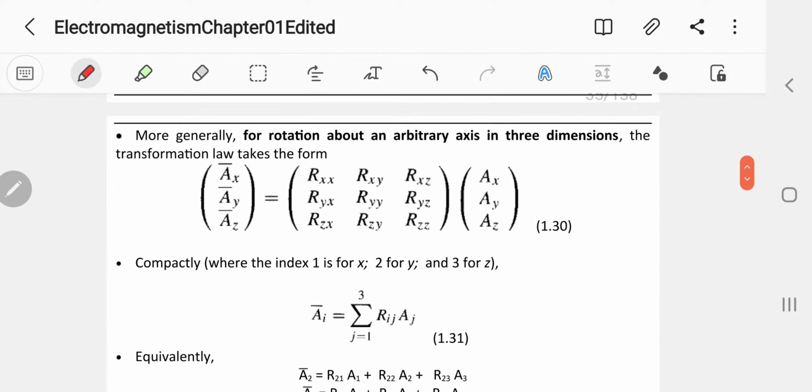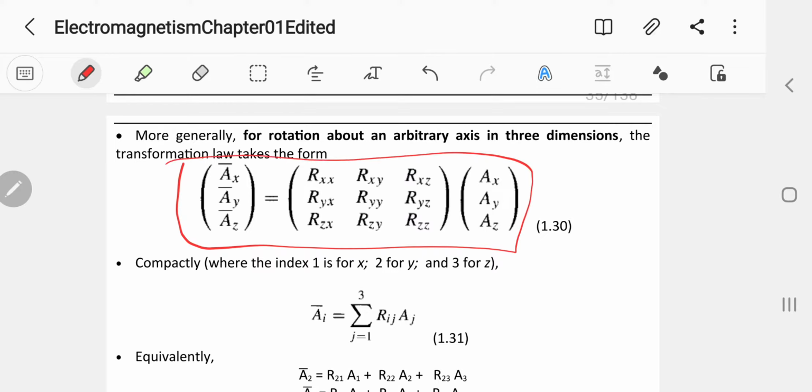So in general, if you rotate about an arbitrary axis in 3 dimensions, the transformation takes the form of this matrix here. In that case, since x bar and x are equal, your a bar x and ax would just be the same. So your r_xx here is equal to 1, r_xy is equal to 0, and this is equal to 0.